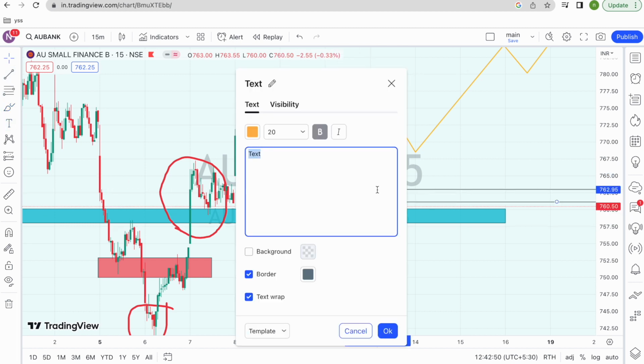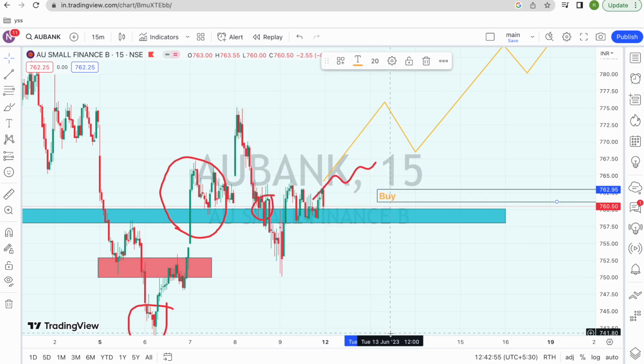So for AU Small Finance Bank, currently I am bullish, given there is a small trend that might start in the coming days in this way. And if you do not know what an impulsive move and a reactive move is, again you can refer back to one of my courses, introduction to trading and positional investment.